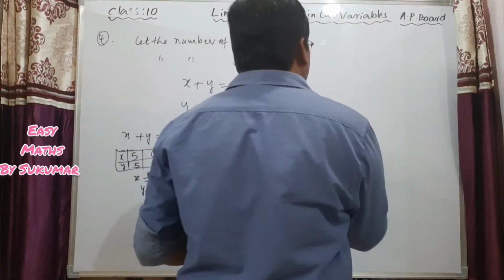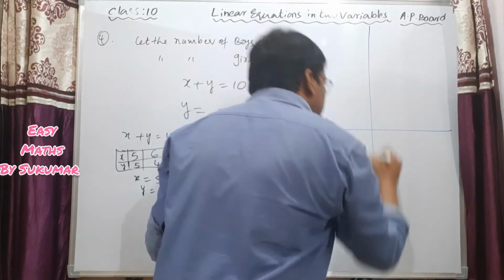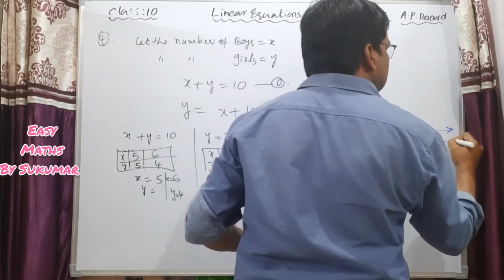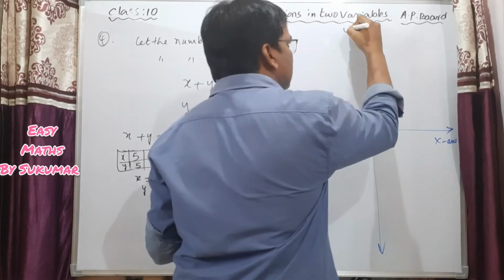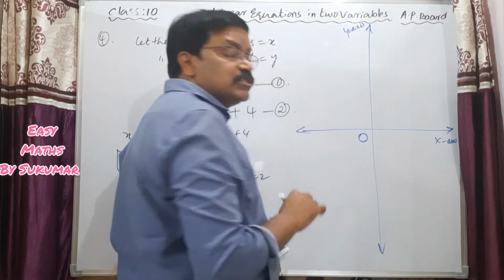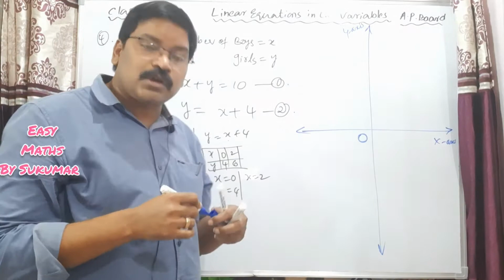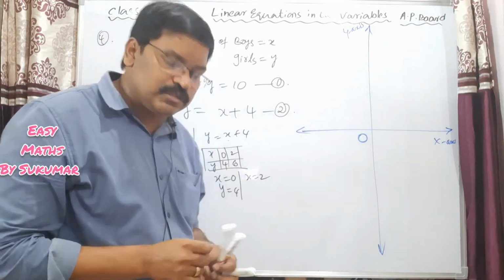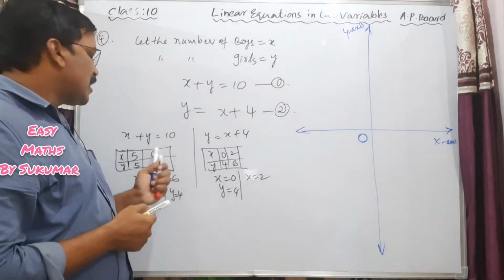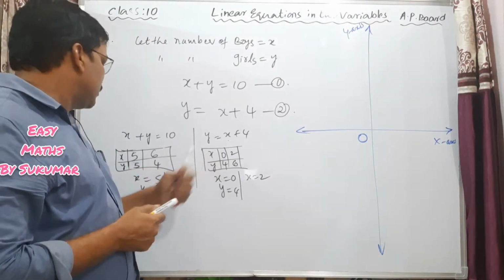So this horizontal line is the x-axis and this vertical line is the y-axis. The intersection of the x-axis and y-axis is called the origin. Now the values of x, the maximum value is 6, the minimum value is 0.